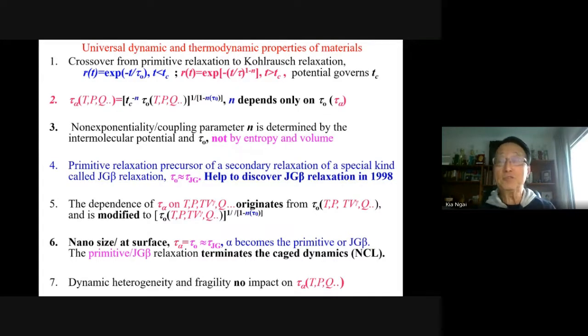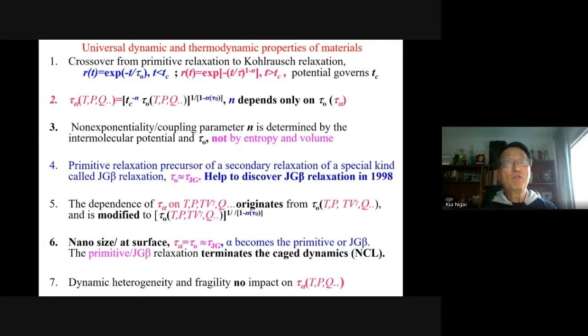They do change things, they move the relaxation time. But you can see that in the equation on top there, there's nothing. There's no entropy and volume entering, even though you change pressure and temperature over such a big range.